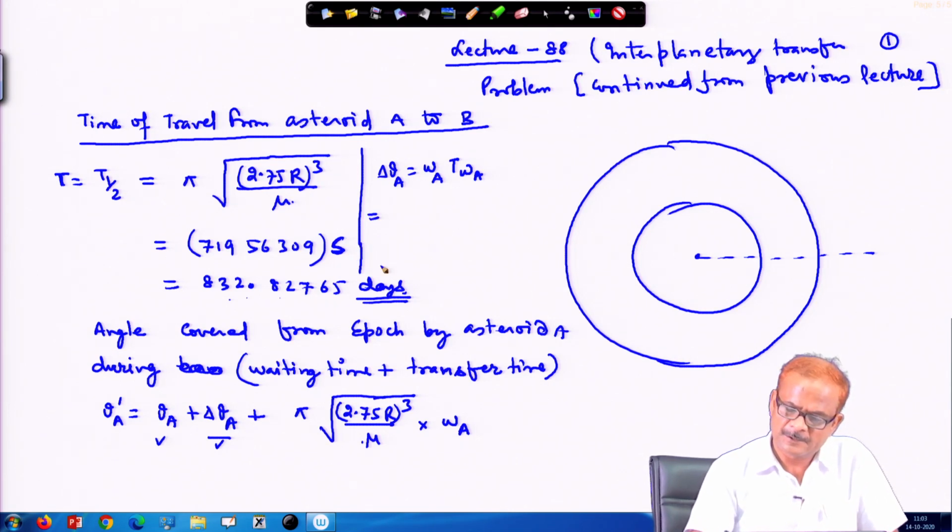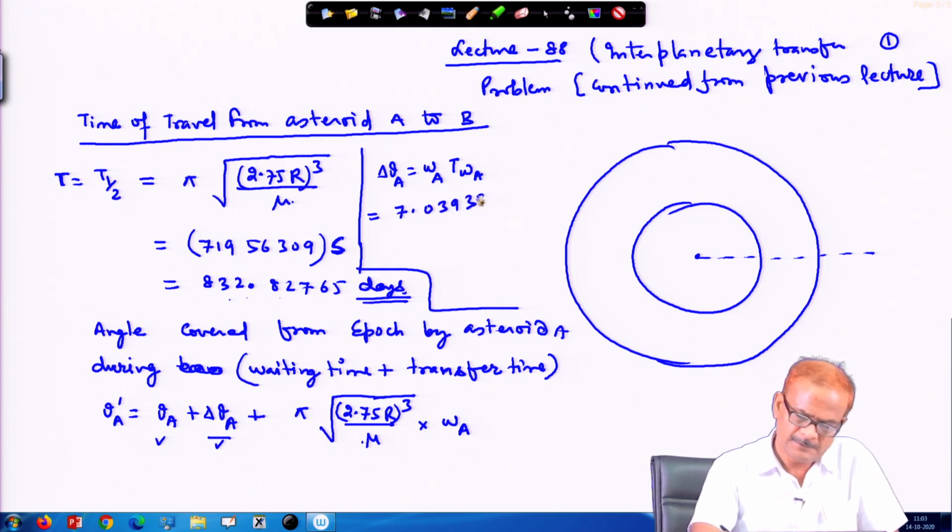So, we can write this part here 7.0393902 into 10 to the power minus 8 radian per second, and multiplied by the wait time, which is 33767308 seconds. Okay.